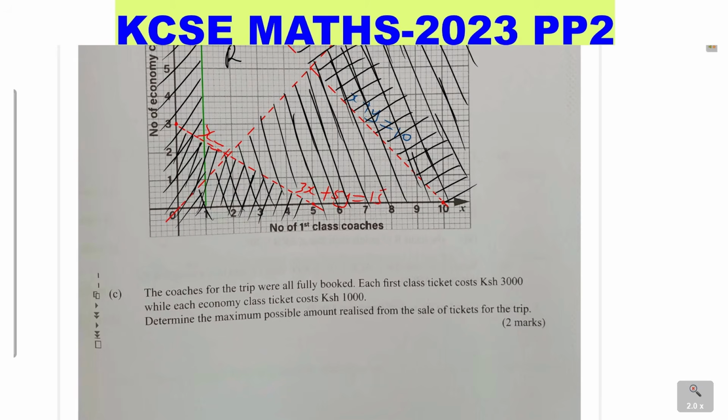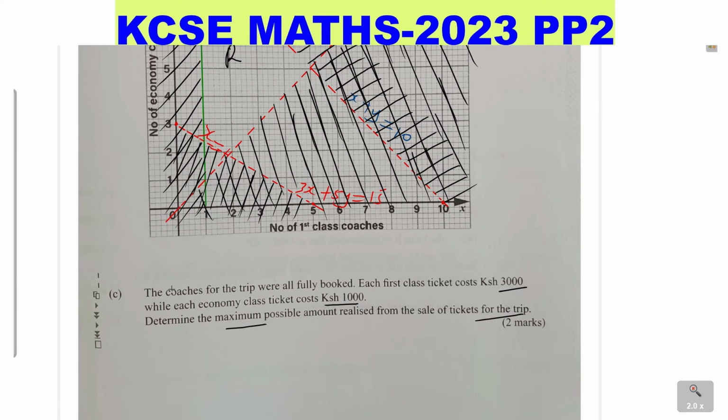Part C. The coaches for the trip were all fully booked. Each first class ticket cost 3,000, while each economy class ticket cost 1,000. Determine the maximum possible amount realized from the sale of the tickets for the trip.